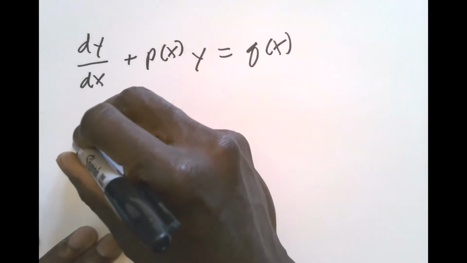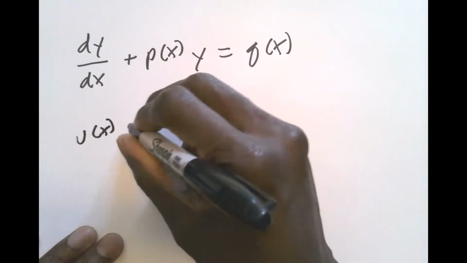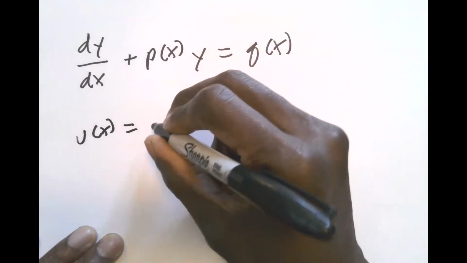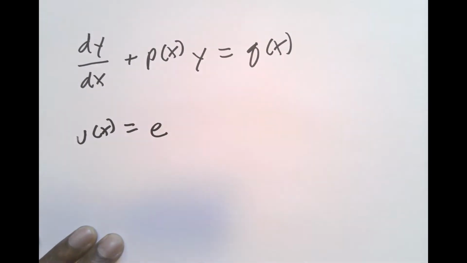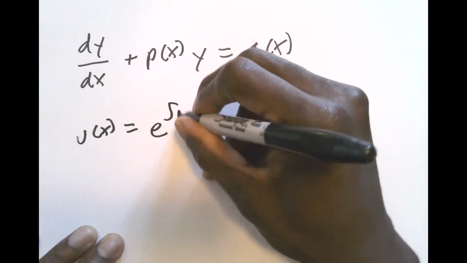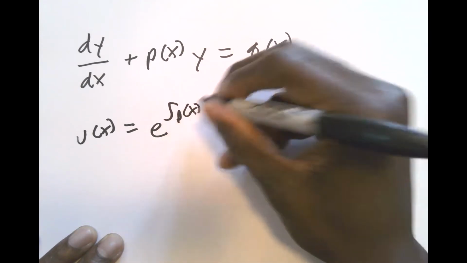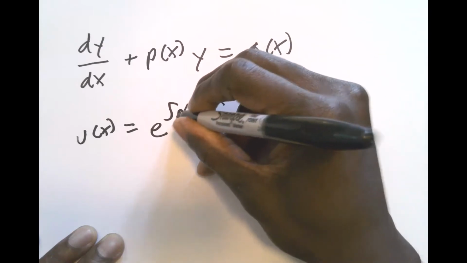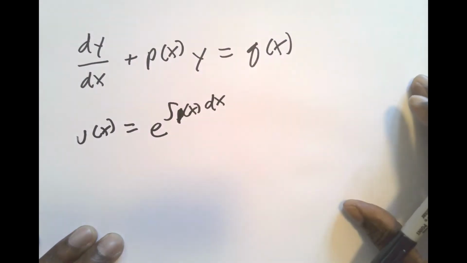So the integrating factor, which I'll call u(x), is going to be e to the power of the integral of p(x) dx. And p looks a little shady there.